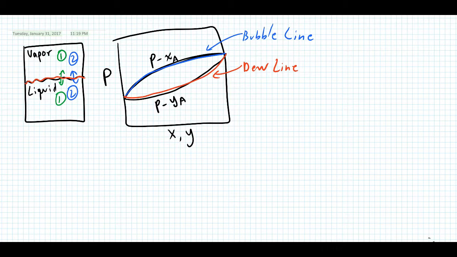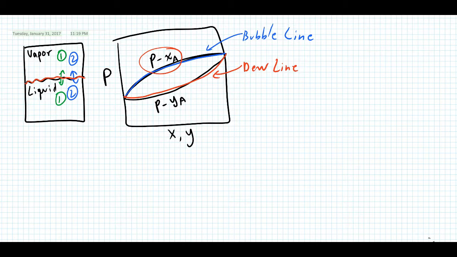So how do we get the first curve? If we look at the first curve, clearly this is pressure as a function of XA. So let's do that using the modified Raoult's law and the Margules equation with some assumptions.